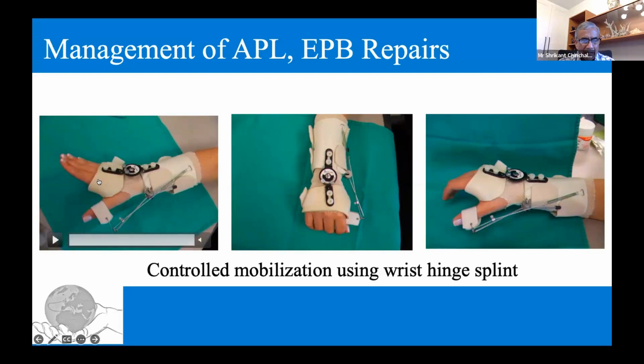The first extensor compartment tendons glide in relation to the motion of the wrist joint as well. Gradually over time, we increased the combined motion of the wrist and the thumb MP and IP joint in order to maximize gliding of the extensor tendon with respect to the wrist joint.